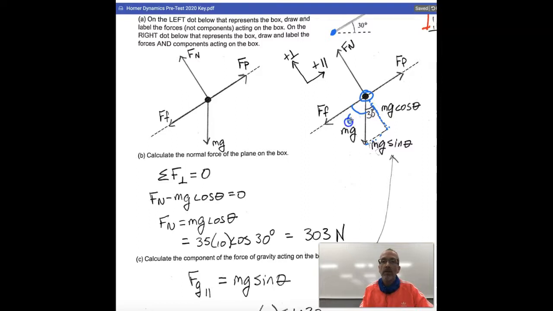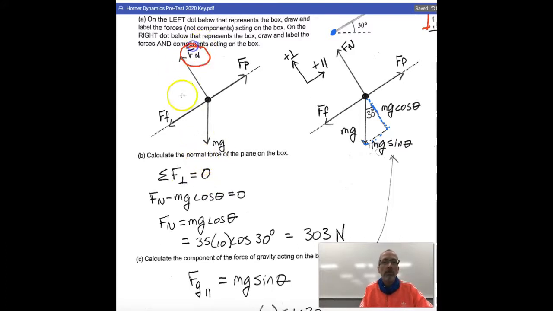This angle is 60. So if you made the mistake of drawing this, you'd have to make sure that you see this angle is 60. Okay? So from here, this angle right here is 60. So that's this guy. We don't want to do that though. We want to be really careful that we stay away from anything that is touching the plane. That makes everything a lot more difficult. You can still do it, but it's not pretty. Let's take a look at the work that we did here. It says calculate the normal force.